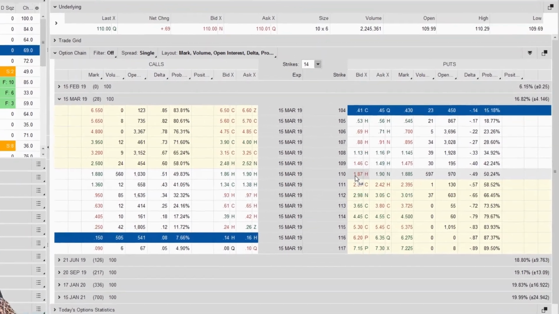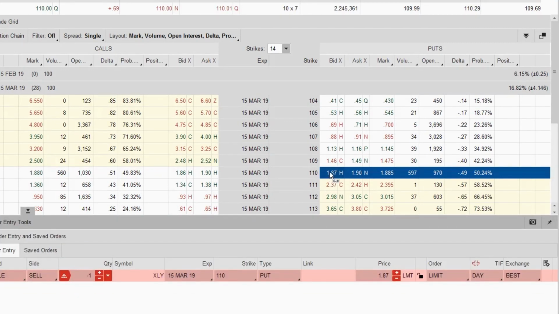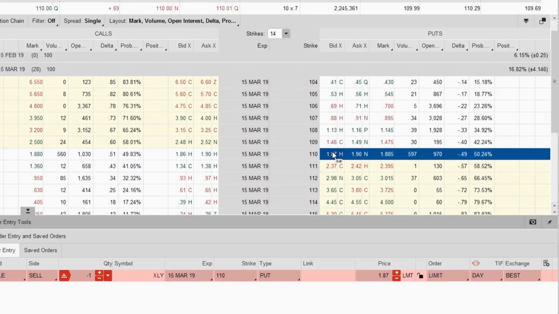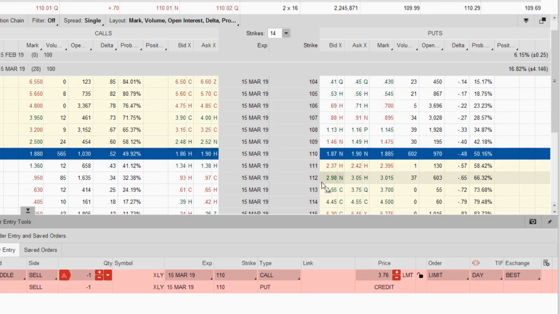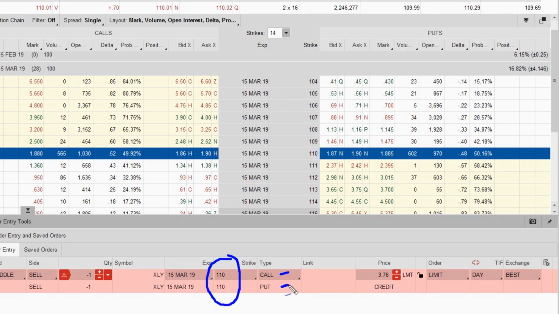We're going to click on the bid at the 110 on the put side, and then hold down our control key on the keyboard, and come over here to the call side and click on the bid on the call side as well. Now right there together, you can see that we're now selling the 110 call and the 110 put.